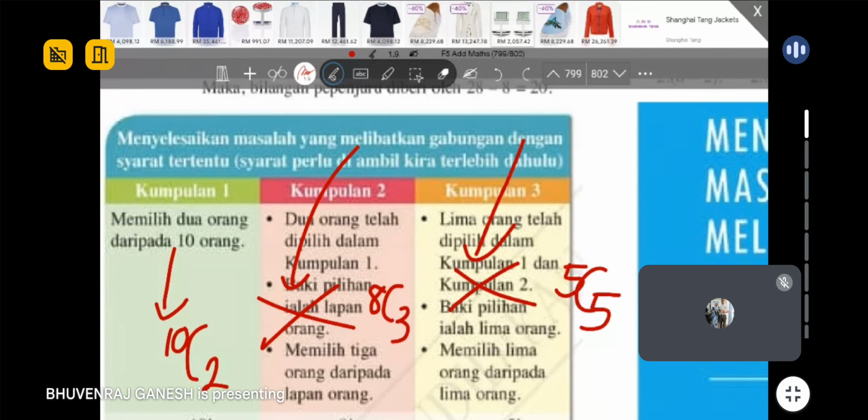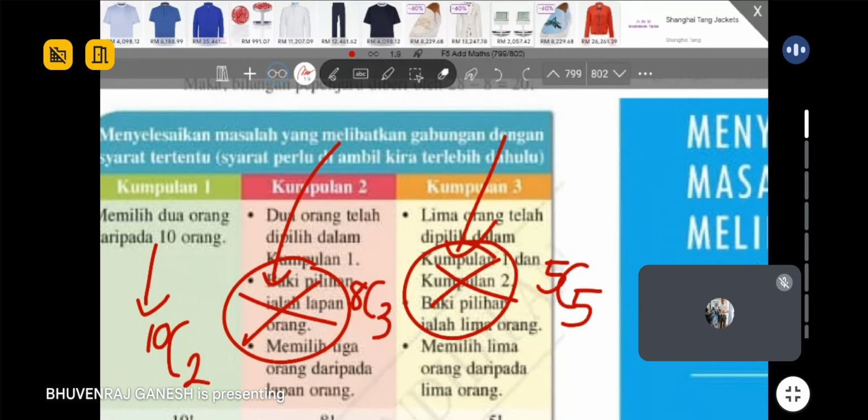Correct? If you look at this question, it happened all at the same time. Seluruh situasi ni pada satu masa sahaja. So itu sebab kita kena darab. Boleh faham, guys? So when it happens at the same time, times. When it happens at different times, masa berbeza, plus. Alright? So that is the situation.